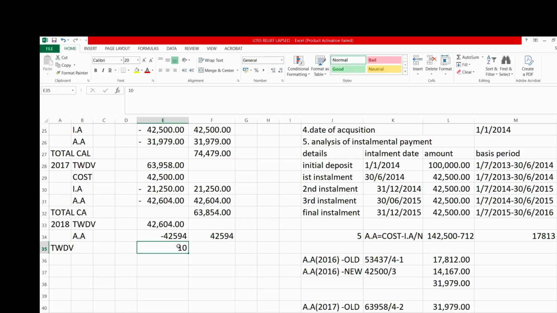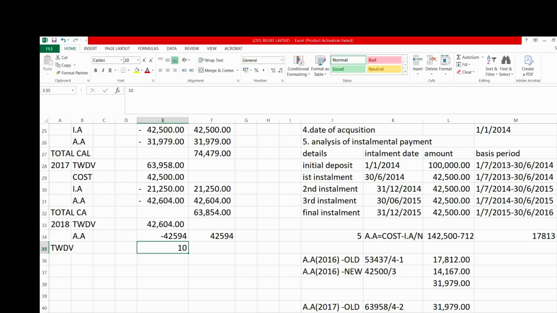So you can also be given a scenario whereby it may not be direct. You may be given a scenario whereby the asset is acquired on hire purchase. So let us take note of that. So that is what you have when you have a question relating to capital allowance.